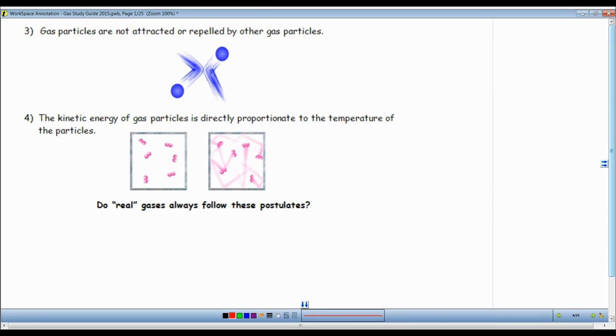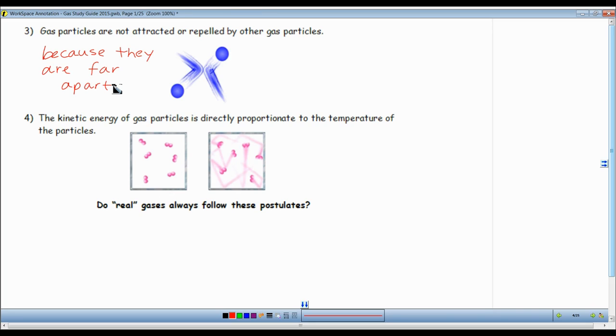Statement 3. Gas particles are not attracted or repelled by any other gas particles. Okay, for the most part, sure. For the most part, I'm okay with this because, I'm going to add in my little disclaimer, gas particles are not attracted or repelled by other gas particles because they are far apart.